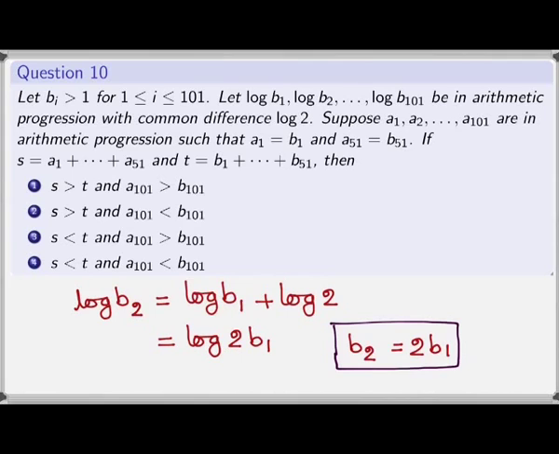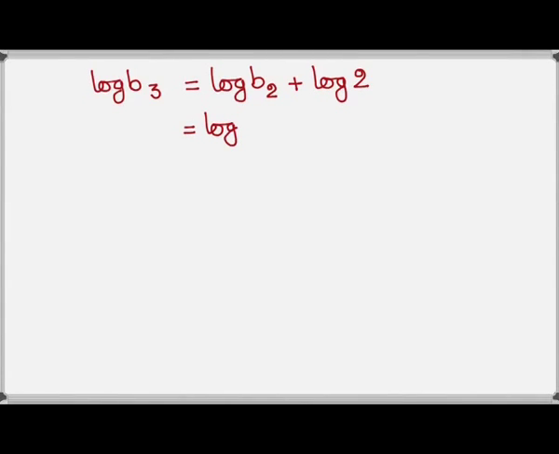Next, let us look at log of b3. So log of b3 is equal to log of b2 plus log of 2. Now we know that log of b2 is equal to log of 2b1.